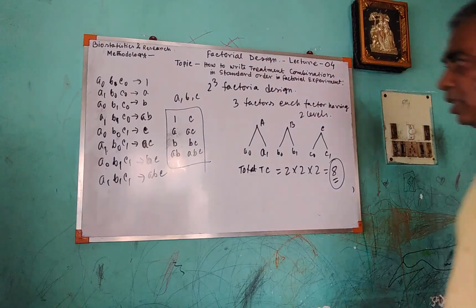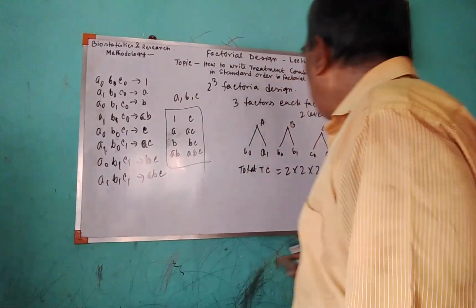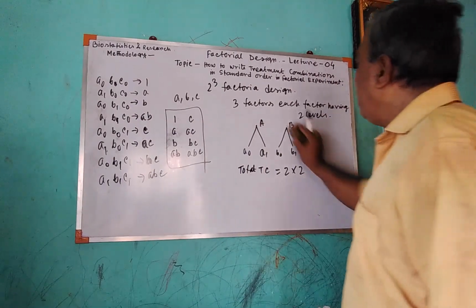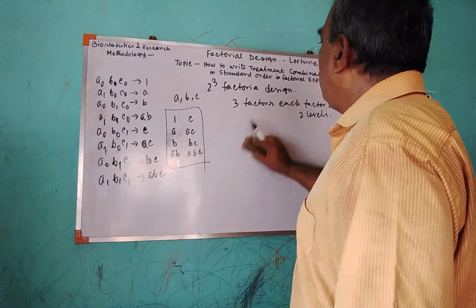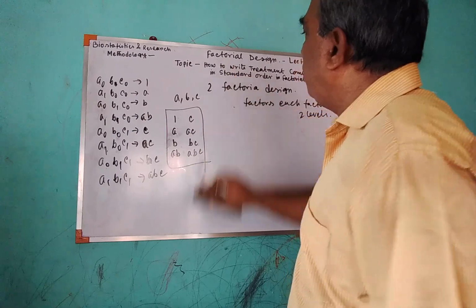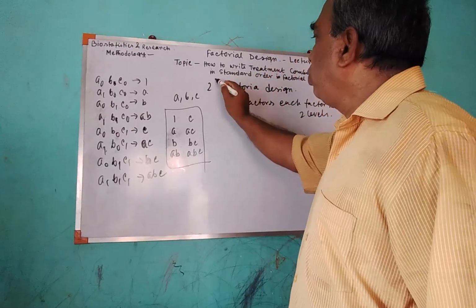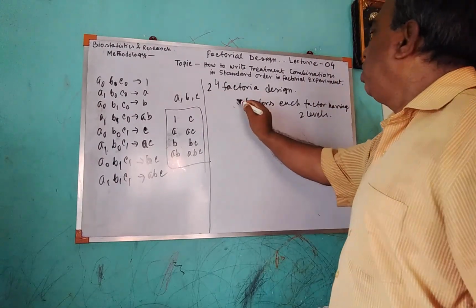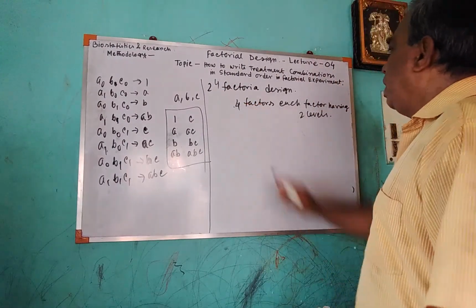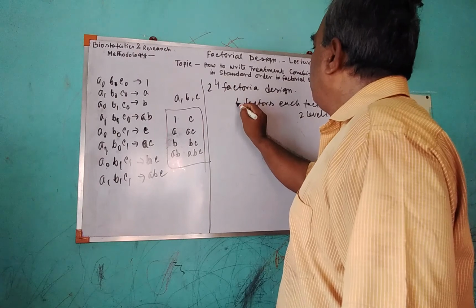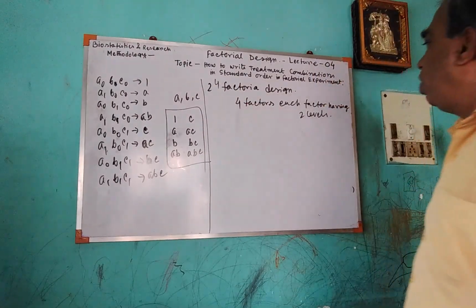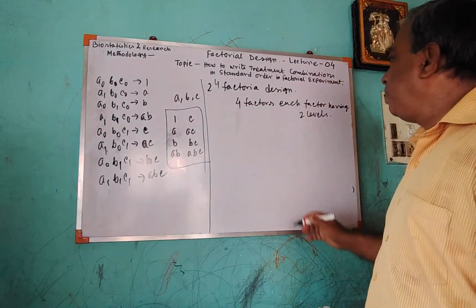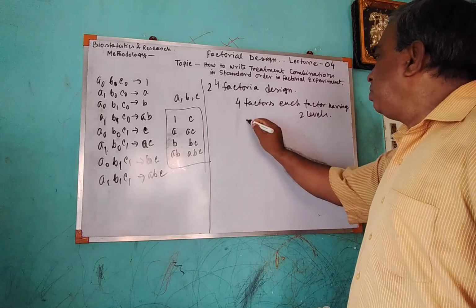Now if I say 2 to the power 4 factorial design, there are 4 factors, each factor having 2 levels.